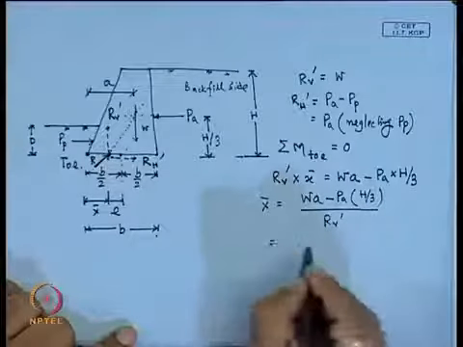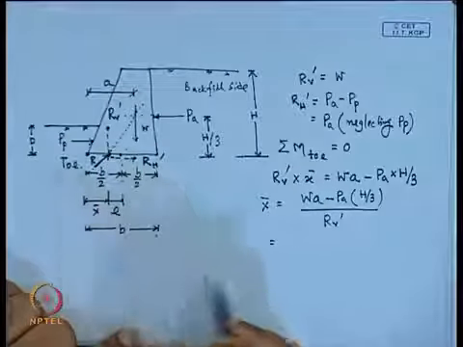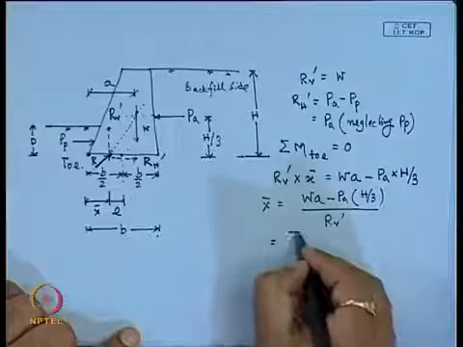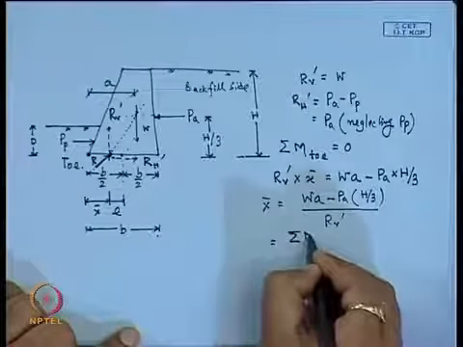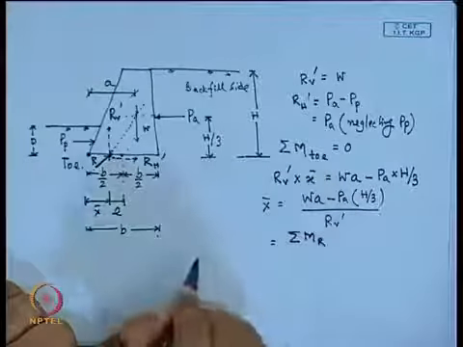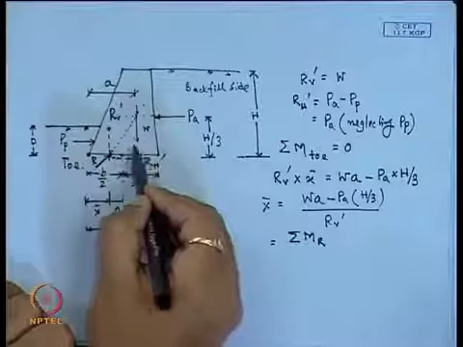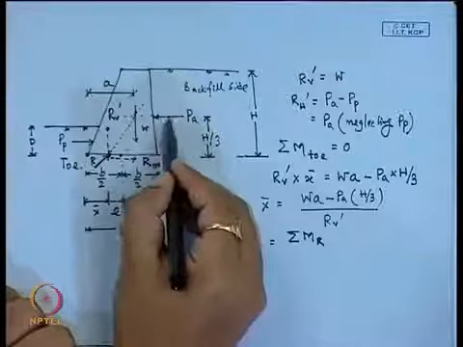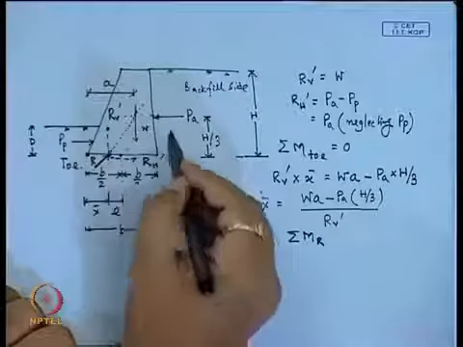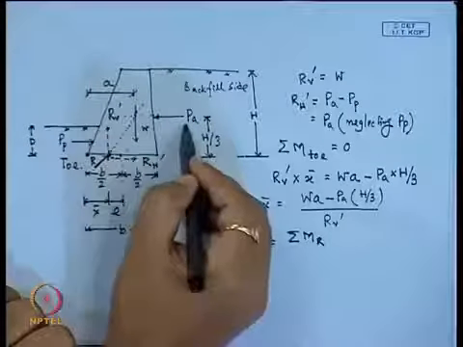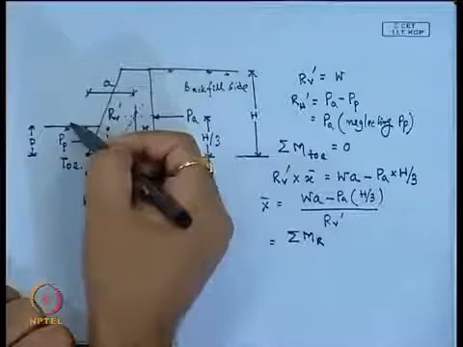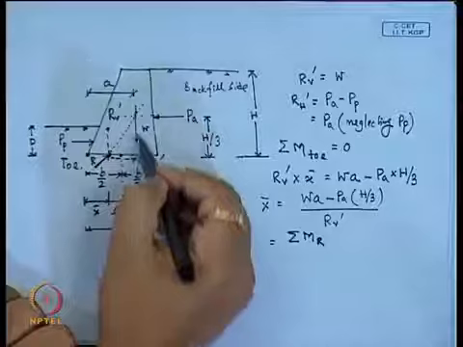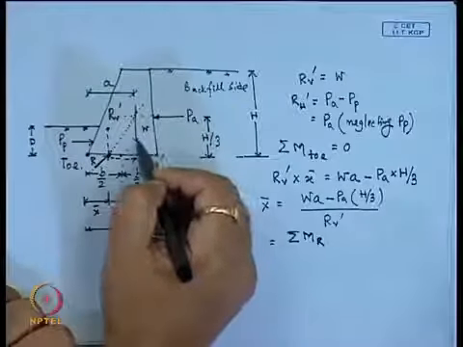So, if we write this in the general form, then W a is the summation of all moments which give the resistance, because this weight is actually giving the resistance, and this P_a is trying to overturn this retaining wall. It is pushing from this side and trying to overturn the wall, and the weight of the retaining wall is providing the resistance.